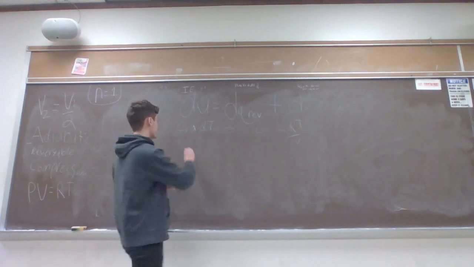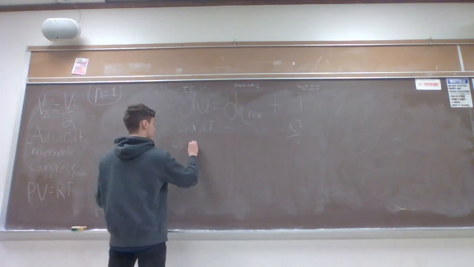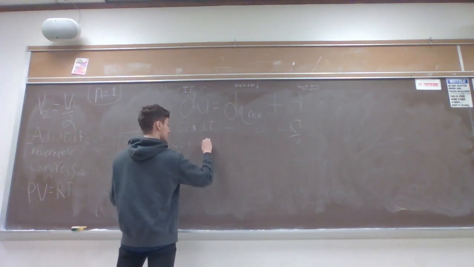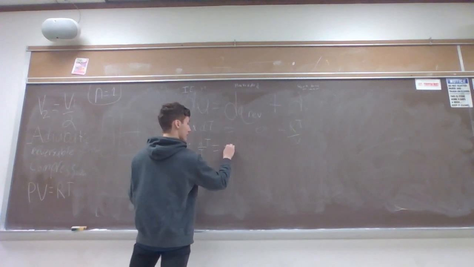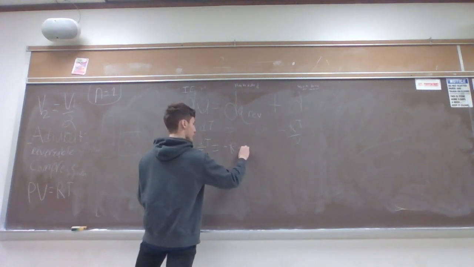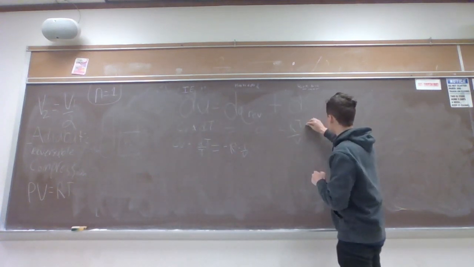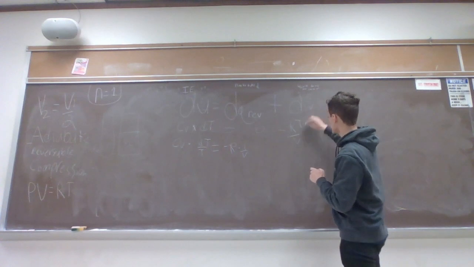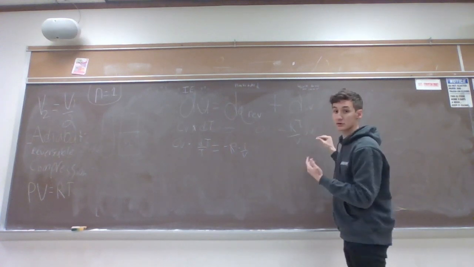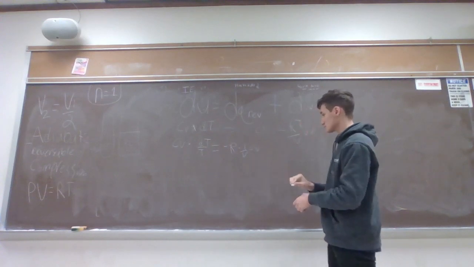We're going to have CV, which is a constant, multiplied by dT over T, which then equals negative R times 1 over V. One thing I forgot to mention is this is a dW, and we're going to change this to dV, per change in volume. And so this would be dV.